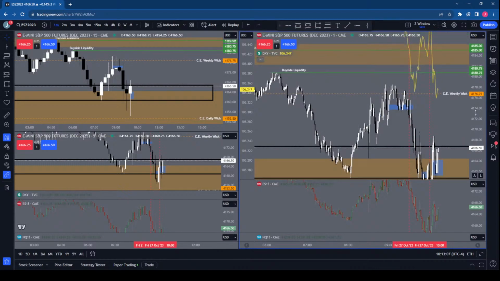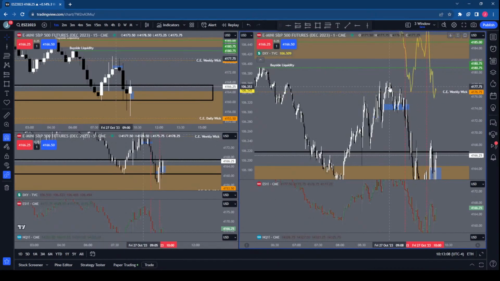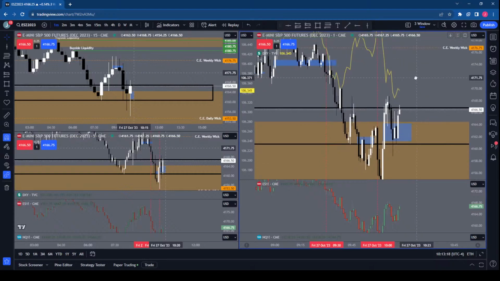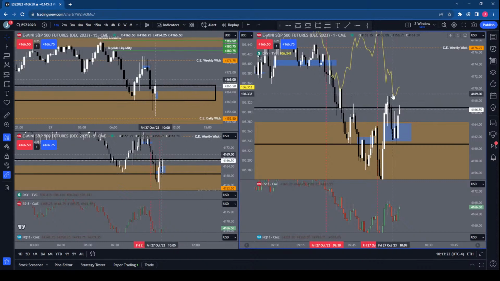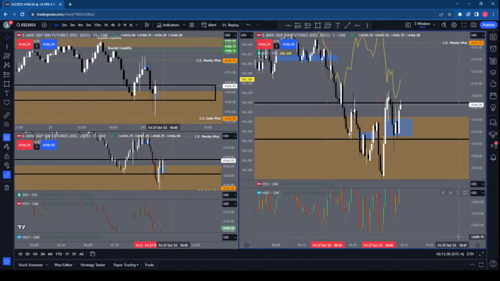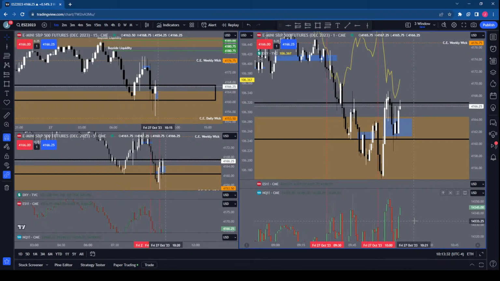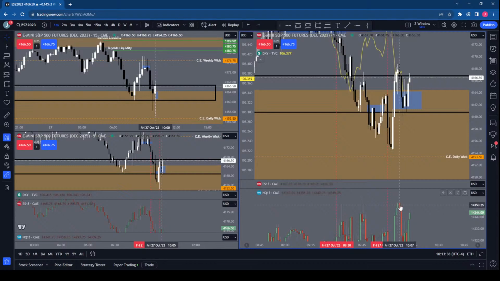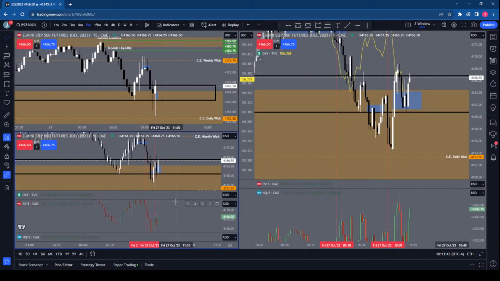I think in a cleaner market day, it would have swept this buy side before doing this. And then, yeah, look, on the 1 minute, actually the 5 minute might show it better.